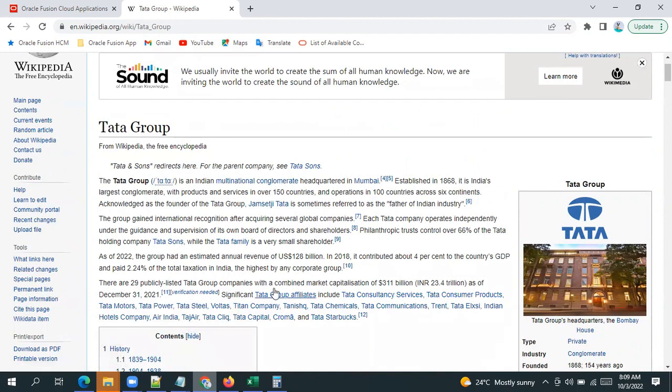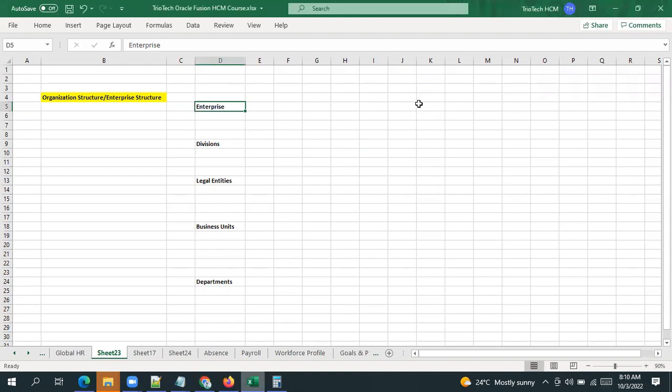But at the top, among all this, there is something called Tata Group. What is this, team? This is called the enterprise, the ultimate mother holding group of your client, team. So in the example of Tata, we can consider the enterprise as Tata Group.